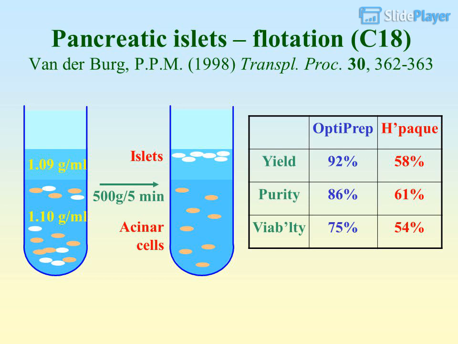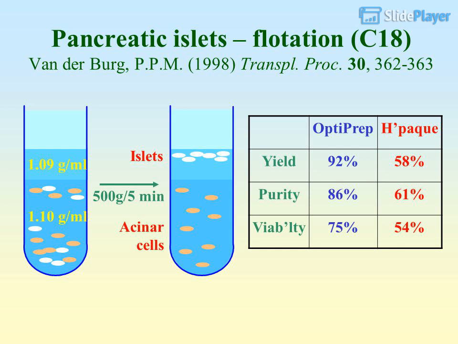Another very important application of the flotation strategy is the isolation of the insulin-producing islet cells from the pancreas. Development of a reliable method is crucial to the possible use of the islets as implants for diabetic patients. The method is another example of the use of a slightly raised osmolality for the cell suspension, which selectively increases the density of the acinar cells to promote good separation from the islets.